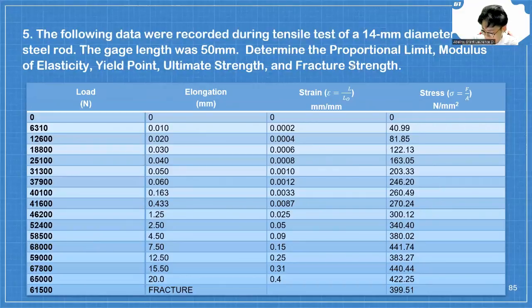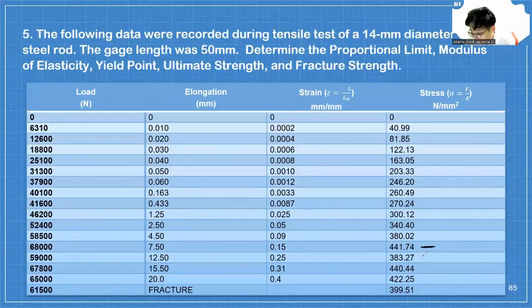Next ay yung ating ultimate strength. Sinabi ko din nung sa past slides na yung ating ultimate strength, ito yung peak o yung pinakamataas. And by just looking at the data sa row ng ating stress, makikita natin na ito yung pinakamataas. Ito yung peak.